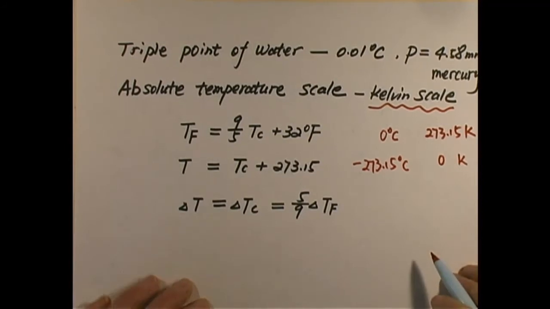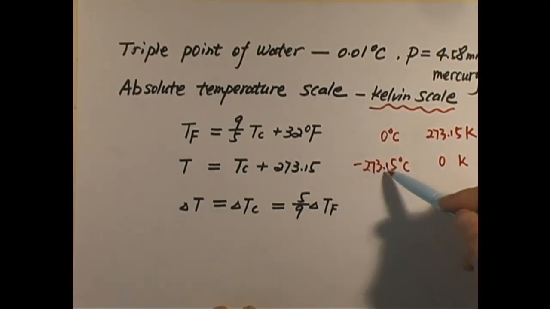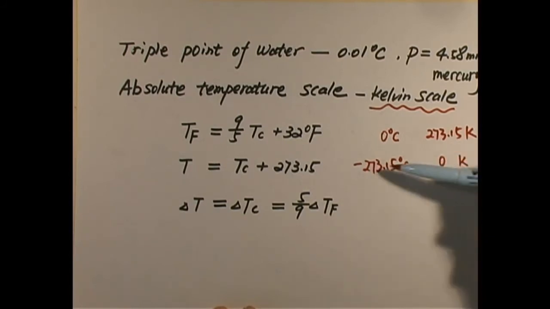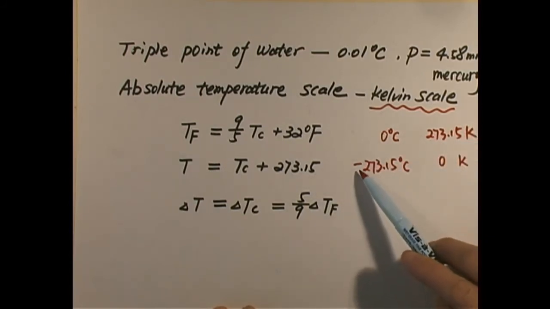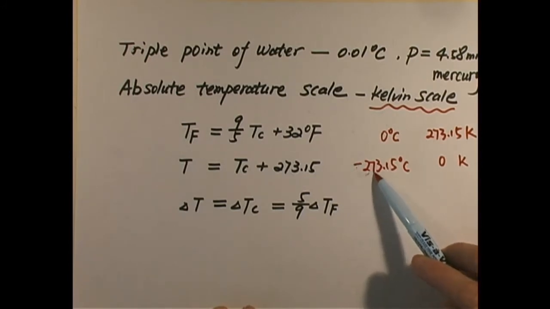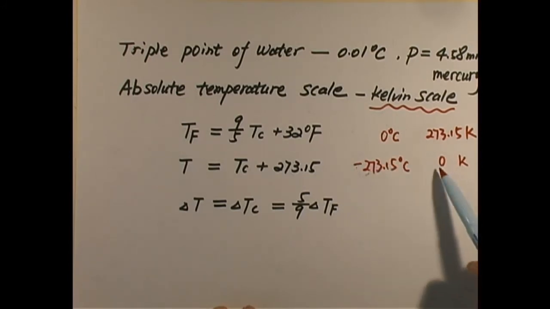At that point all the pressure versus temperature curves for the gas reached pressure equal to 0. So we pick that unique point at negative 273.15 as 0 degrees Kelvin.